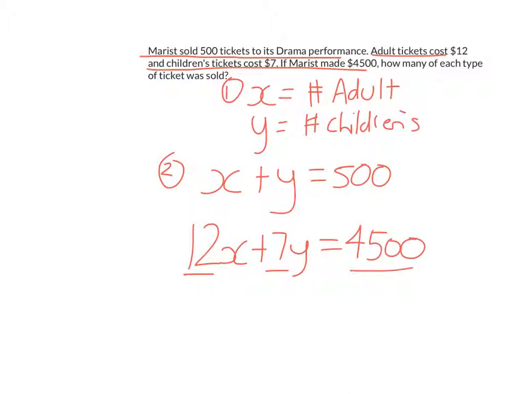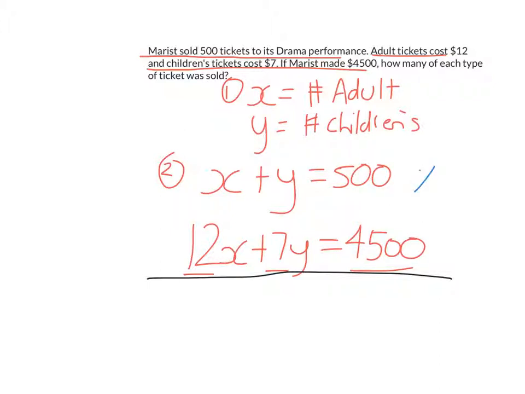You can solve this using the substitution method or elimination method. So I'm just going to show you how to do it using the elimination method. So remember, for the elimination method, one of the variables, either x or y, needs to have the same number in front of it in both equations. So because they don't, I need to multiply one of the equations to make it so they do.